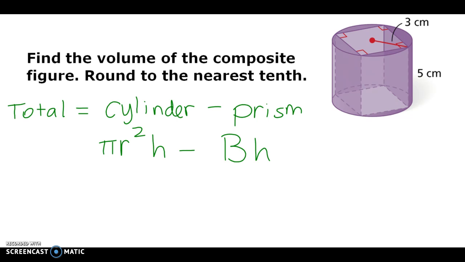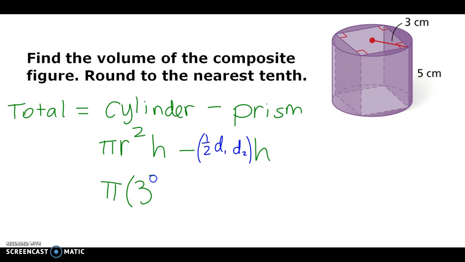Do we know any side lengths to use our normal square formula for area? No. We could use the rhombus formula, so let's plug in what we know. Do we know the radius of the cylinder? Yeah, 3.